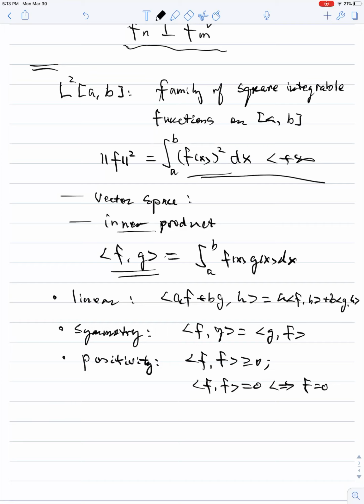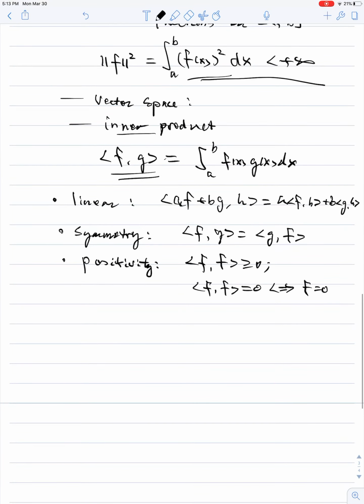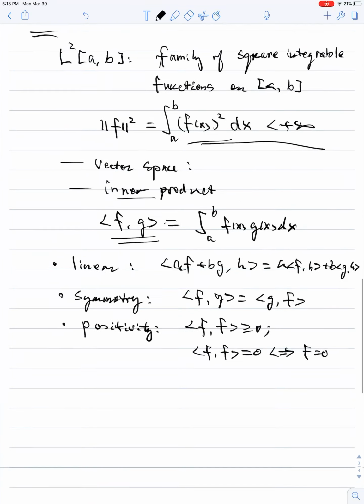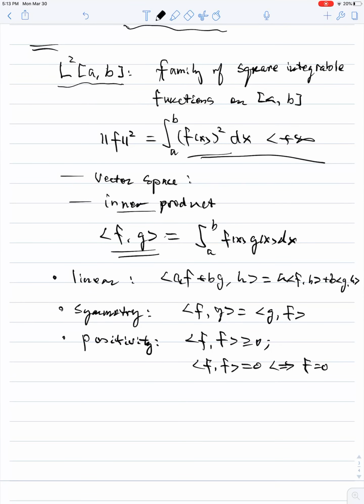Okay. Now this L2 space, the family of square integrable functions with this inner product, becomes an inner product space.